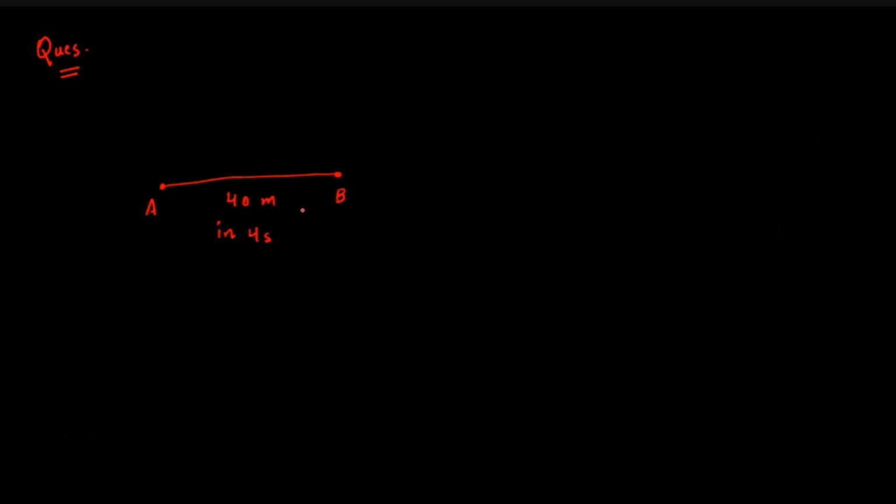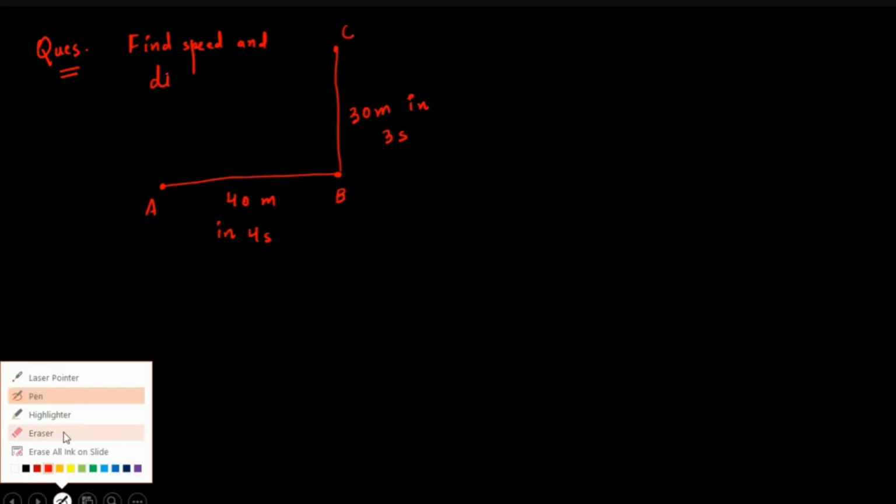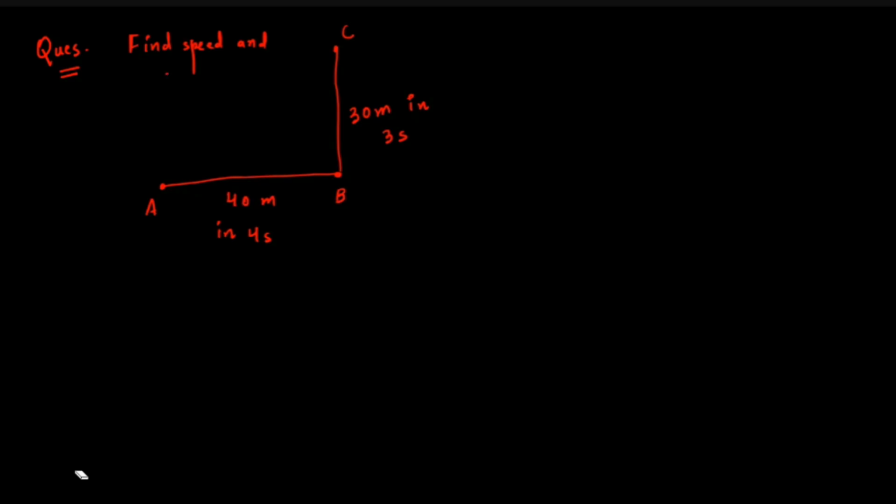And then from B to C, along a vertical path, it covers 30 meters in 3 seconds. Find speed and velocity. It's a pretty simple question. First we'll figure out the distance, then the displacement, and then divide both by time to get the speed as well as the velocity.